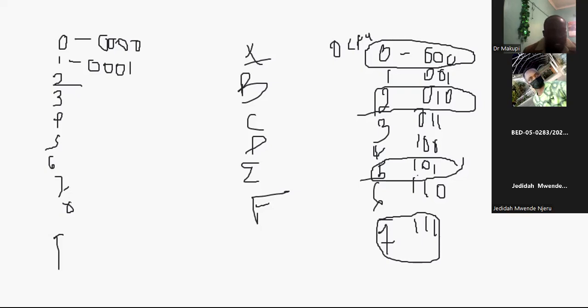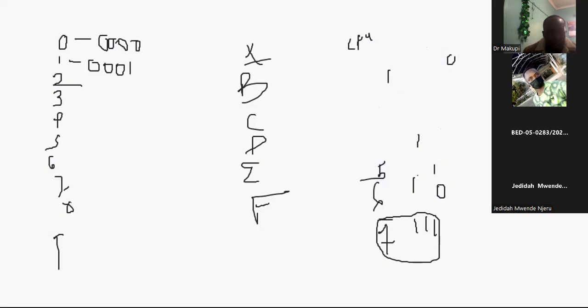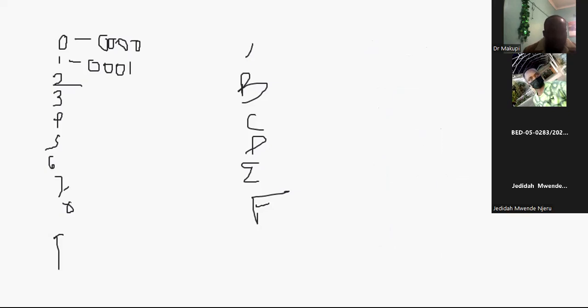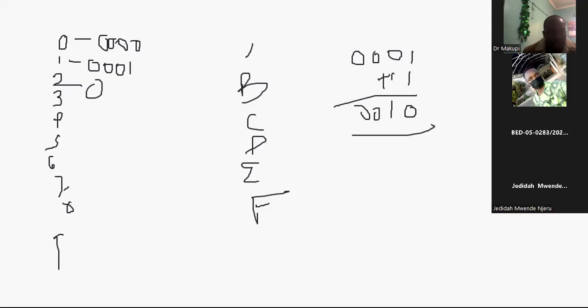I'll just add this. 0001 plus 1: 1 plus 1 is 0 carry 1, bring 1, so it becomes 0010.